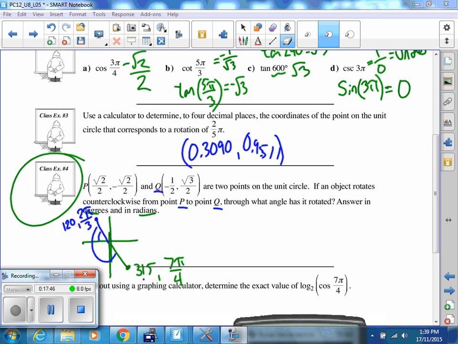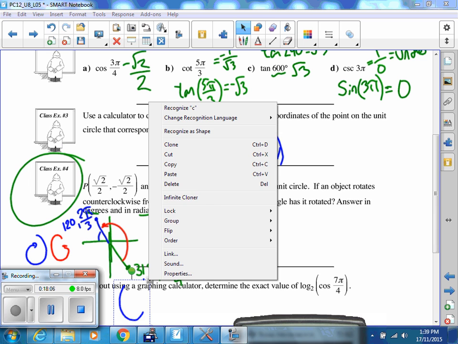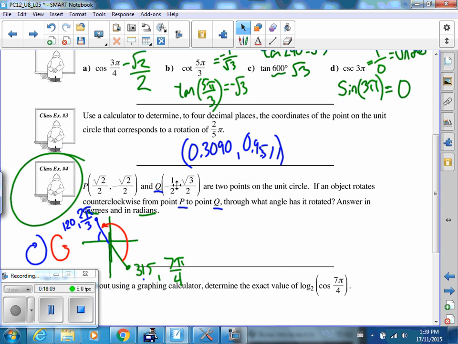Ha! The clock runs that way, so counterclockwise is going to run that way. Don't judge me because I don't know which way a clock runs. So P is this one, so that's the angle we want. That makes more sense. That's kind of what I thought I was supposed to be getting. Simple things like which way does the clock go?